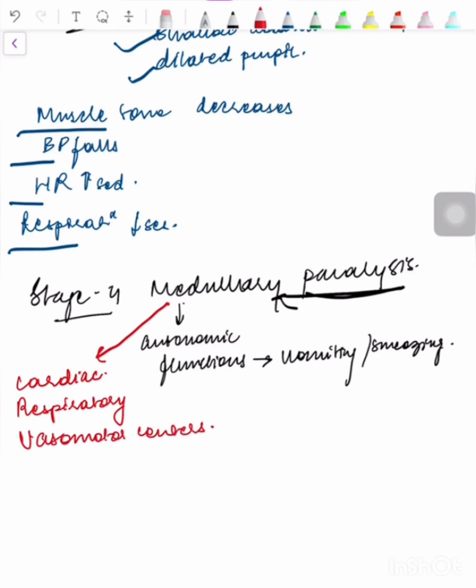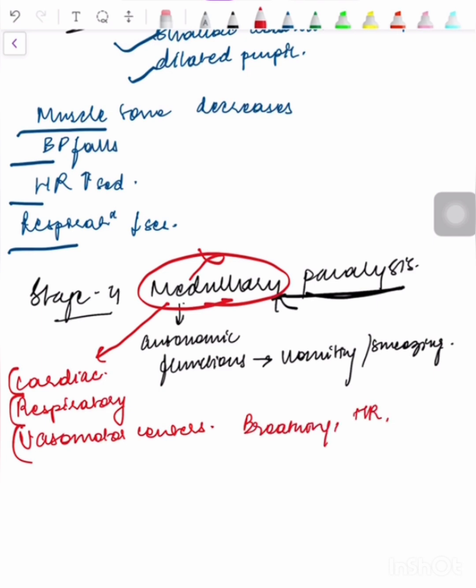So anything that goes wrong with the medulla will impact the heart rate, will impact the respiration, will impact the vasomotor centers, and therefore it deals with autonomic functions like what? Breathing, then there is heart rate, then there is blood pressure, as well as the sleep and wake cycle. Medulla is responsible for these.